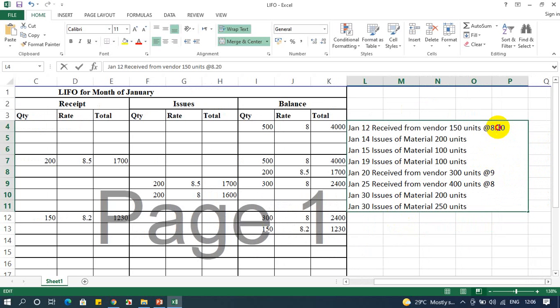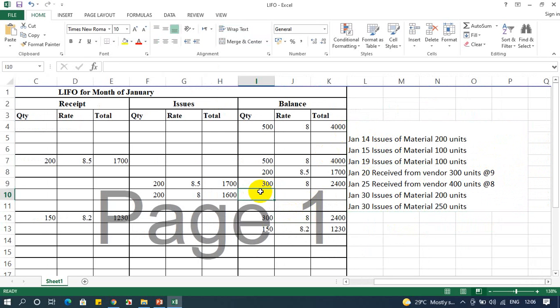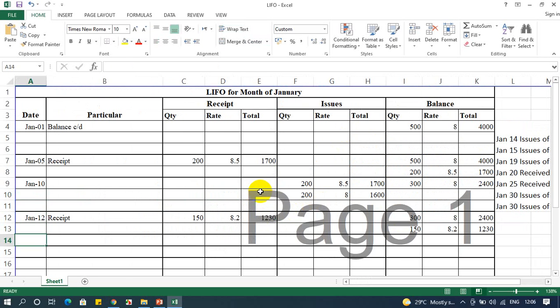Again, on January 14 we have an issue of material 200. So writing January 14, issue of material, right?